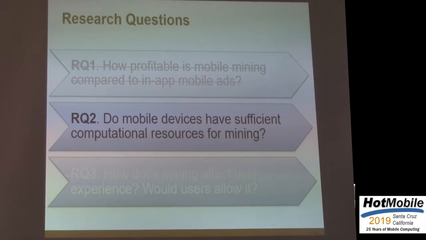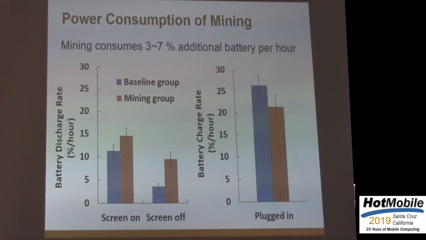Now let me show some of the results about the resource consumption. To earn this amount of money, how much of the resources does our miner consume? Power consumption: it consumes about 3 to 7% of the additional battery per hour. This is somewhat noticeable, but I think it can be bearable for many of the mobile users.